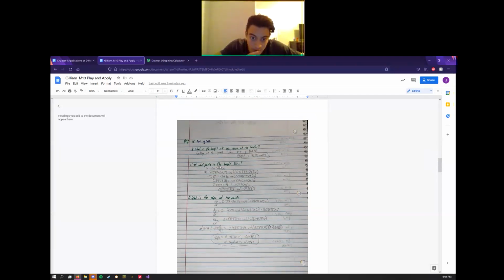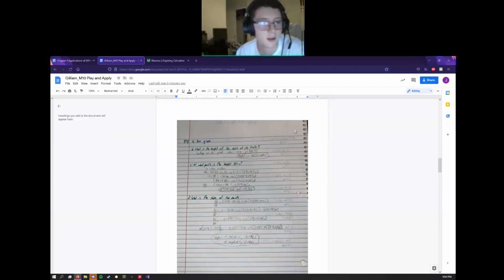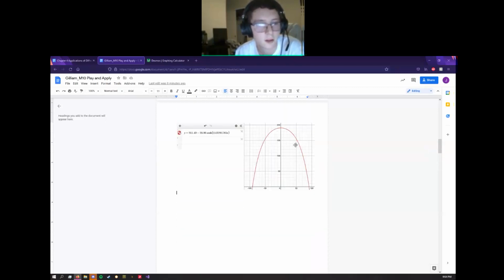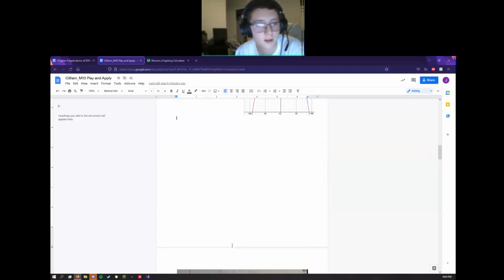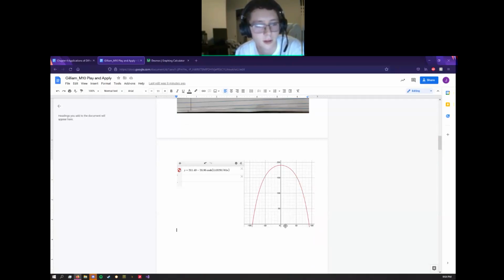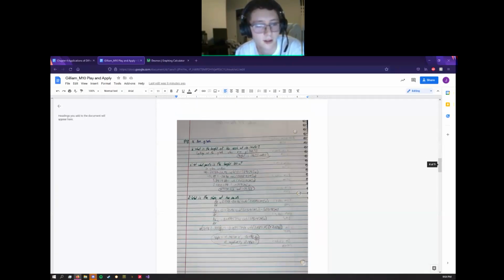Then for the points where the height equals 100 meters, I did the analytical approach. I just plugged 100 in for y and solved for x, which gave me the same 71.558, and negative 71.558 since it's symmetrical along the y-axis.